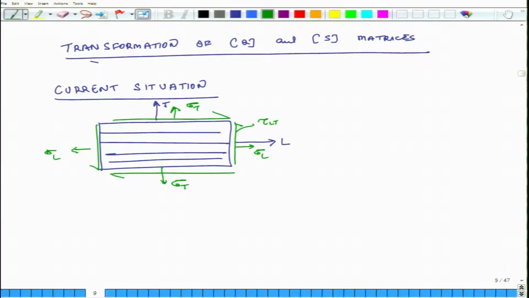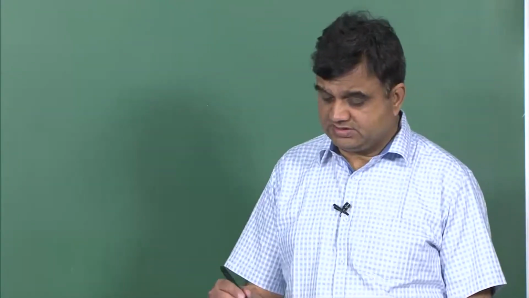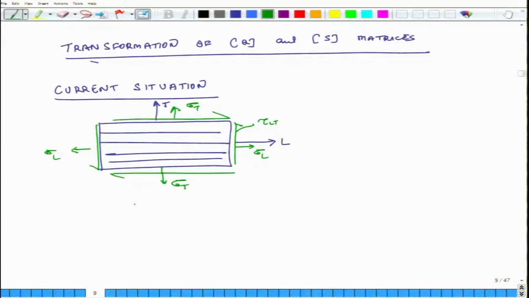Then if I know the stresses and the engineering constants, or the Q matrix of this material, I can calculate the strains in the system and vice versa, and the relationship is sigma L, sigma T, tau LT equals this Q matrix.